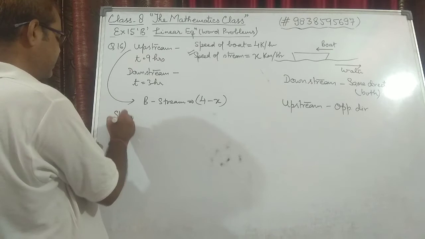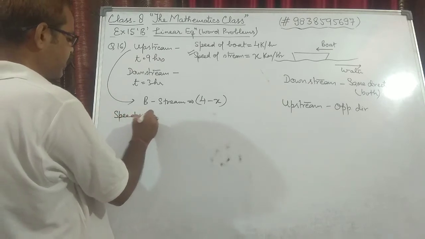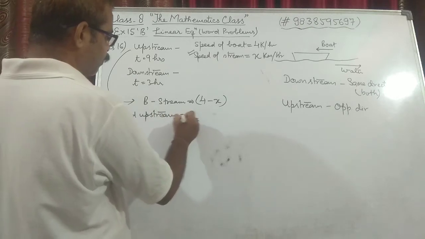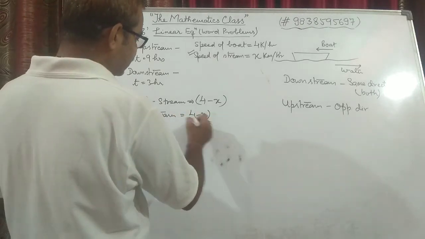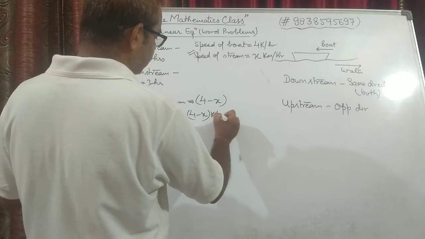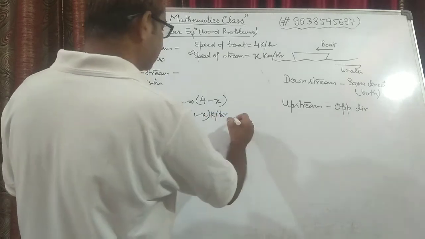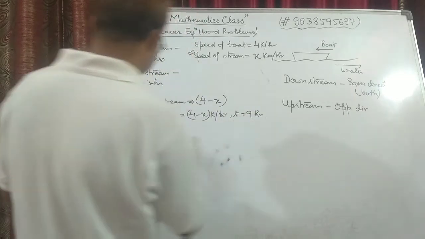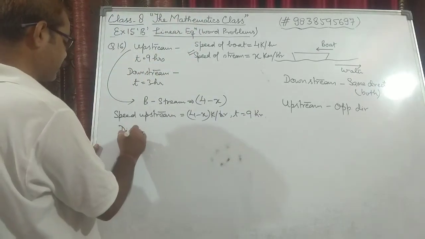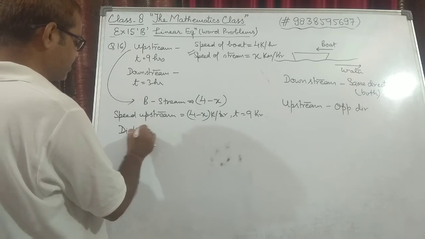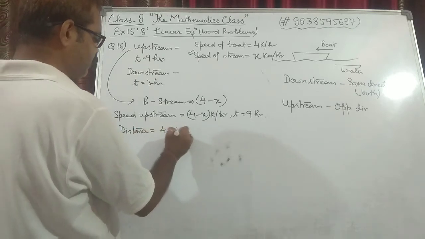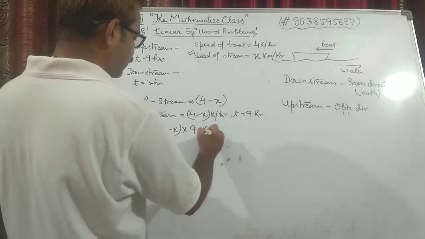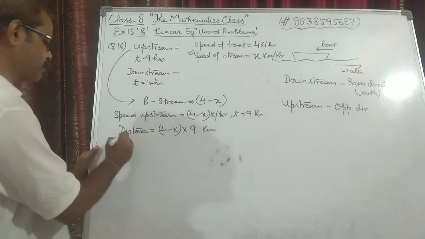Speed upstream is 4 minus x kilometers per hour, and time is given as 9 hours. We know that distance is equal to speed into time. It means (4 − x) into 9 kilometers is the distance upstream.